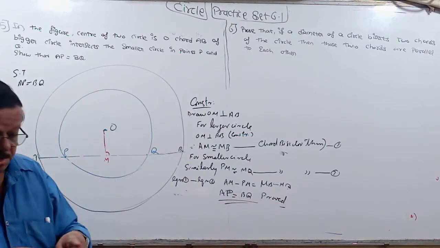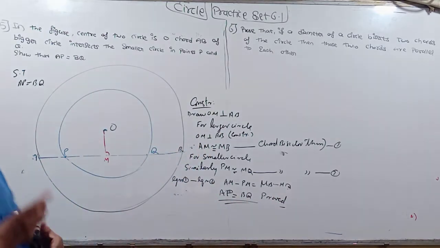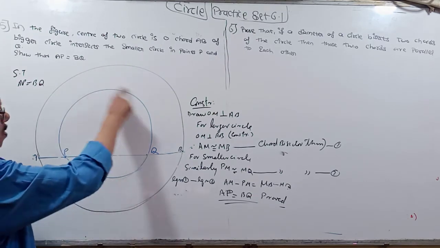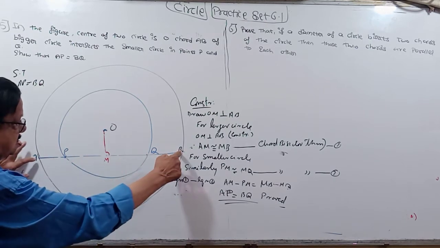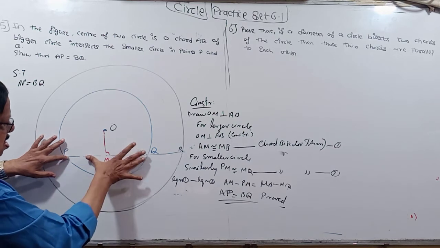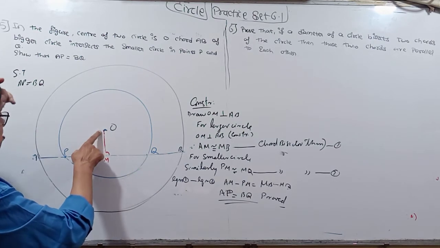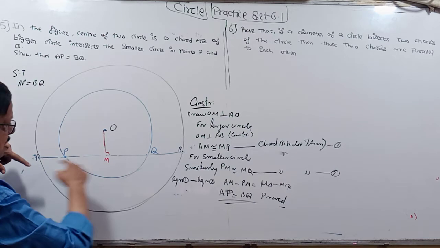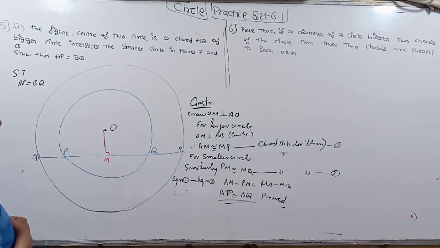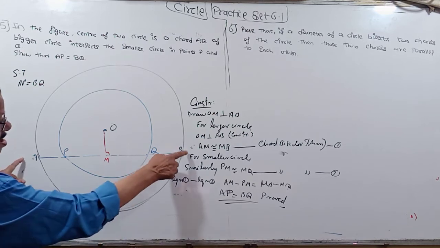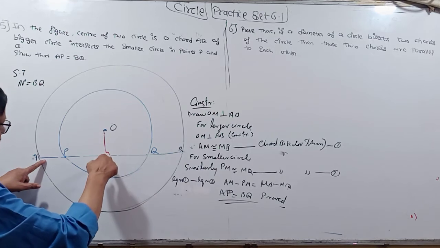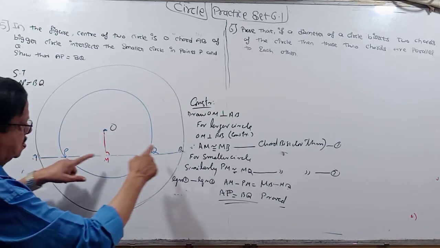मैं वापस बोलता हूँ, एक अच्छा सम है, एकदम मजेदार सम है. देखो इधर O is the common center for both circles. AB is the chord for the larger circle. PQ is the chord for the smaller circle. We have drawn construction OM perpendicular to this chord. So, considering the larger circle, AB is the chord, OM perpendicular, so AM congruent to MB.